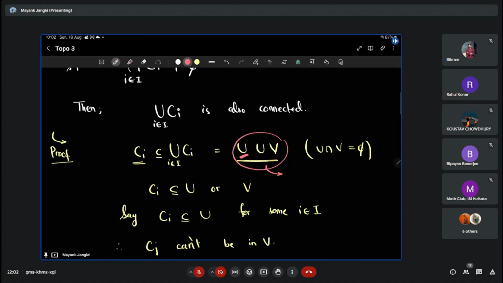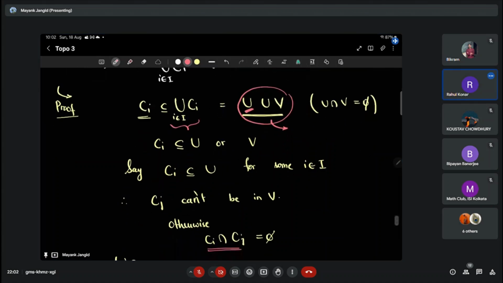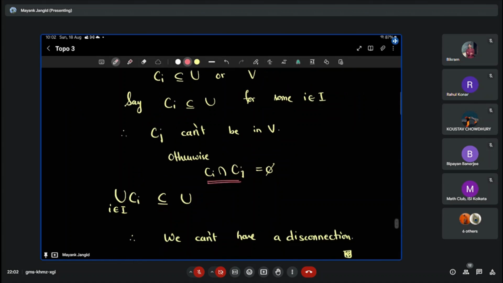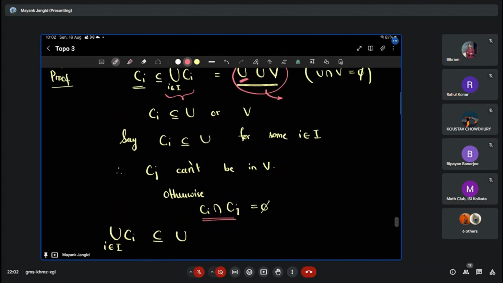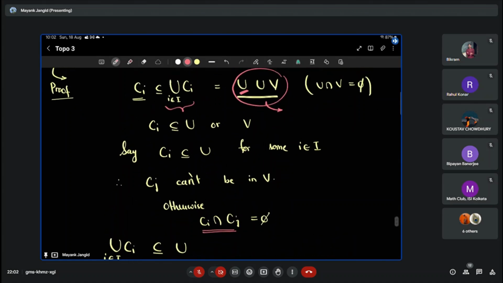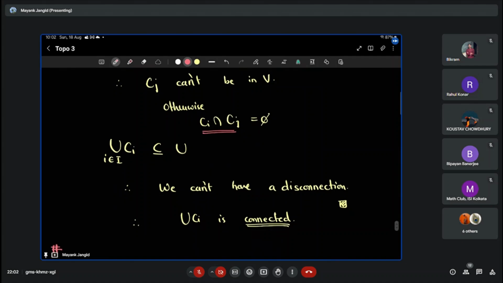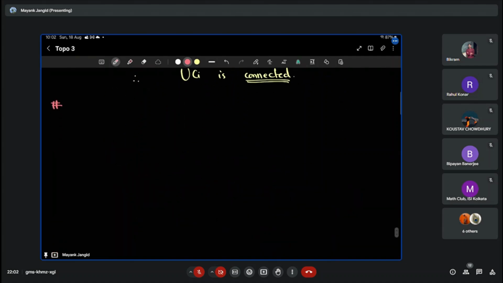So we can't really have two non-empty open sets whose union is this thing. You can say it in terms of contradiction also. Same thing. Okay, is this clear now?